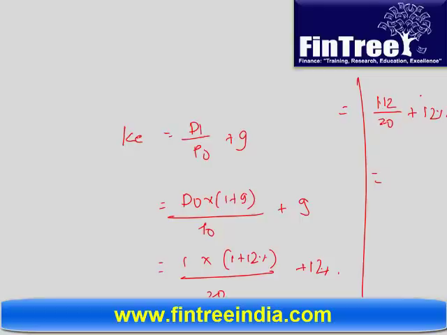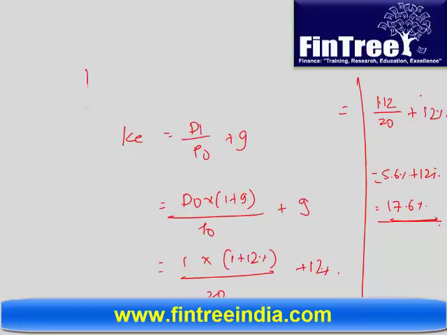So 5.6% plus 12% gives us 17.6%, which is the answer.